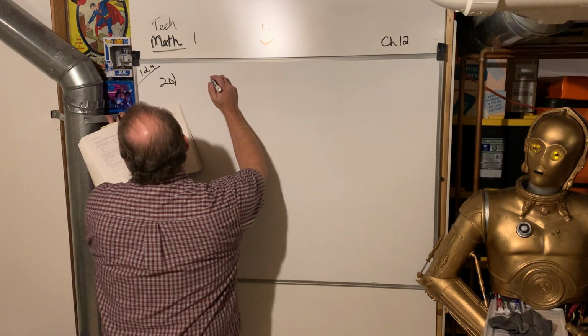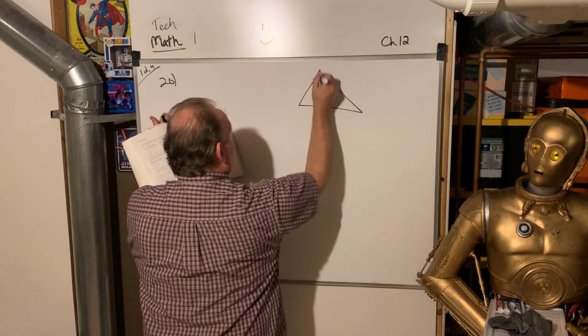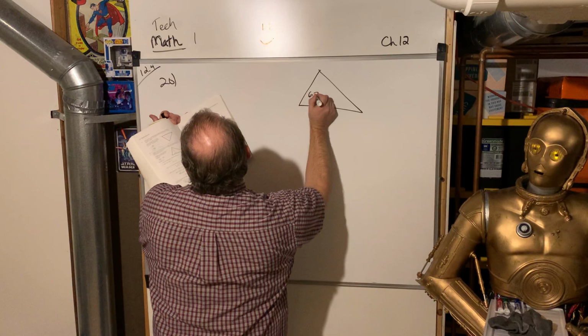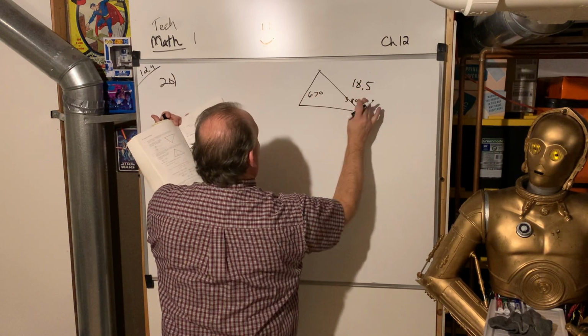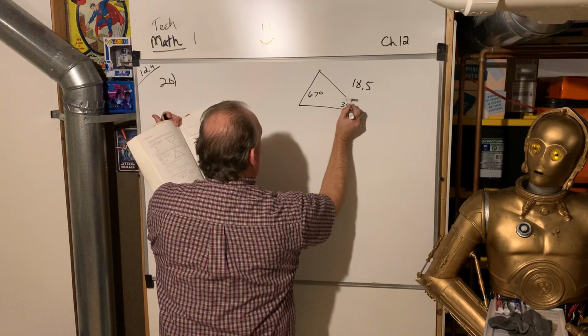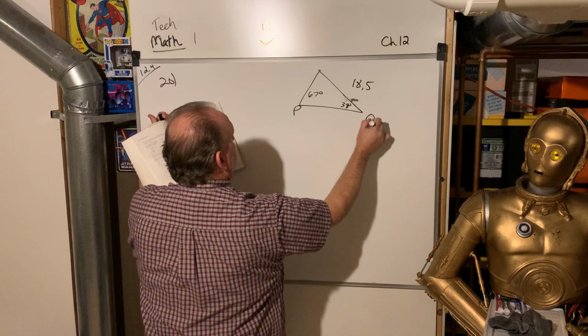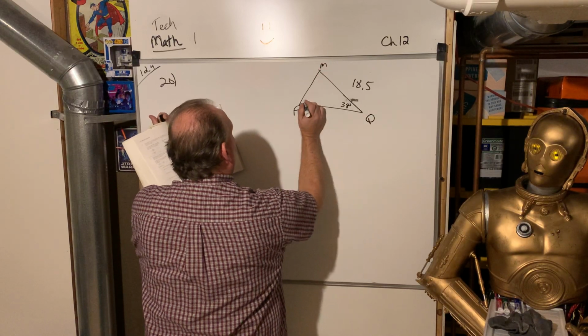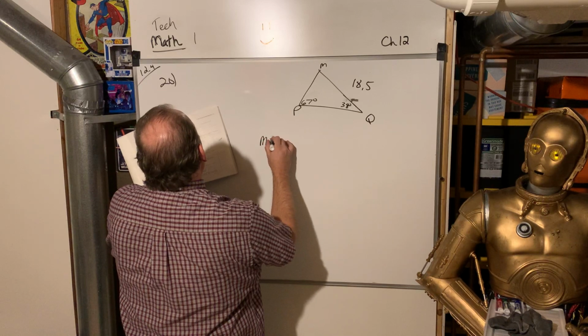So 12.4, we've got this triangle given. 67 degrees, 38 degrees, 18.5. All right, and this is P, and this is Q, and this is M. And so they want me to find MP.